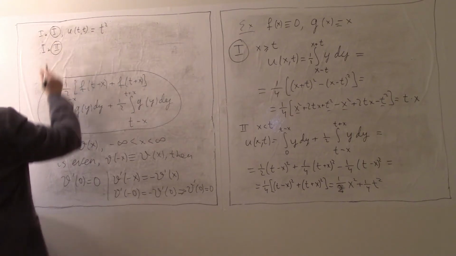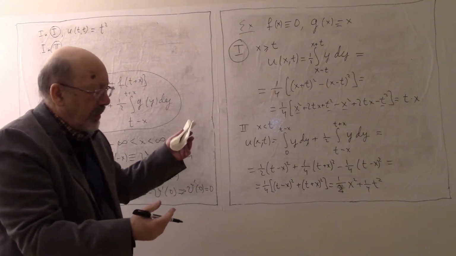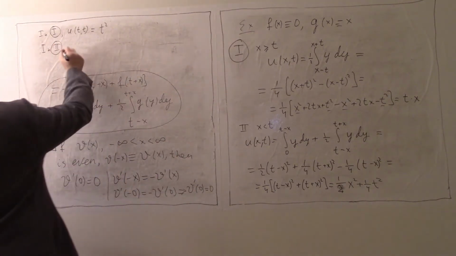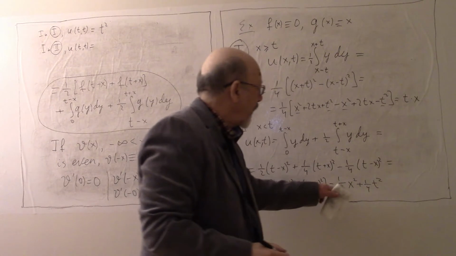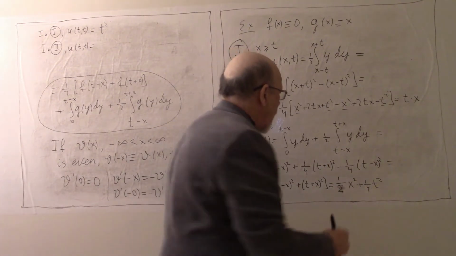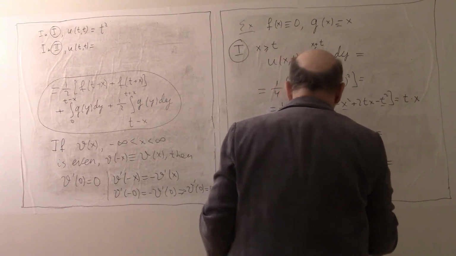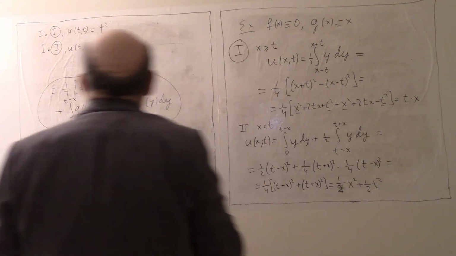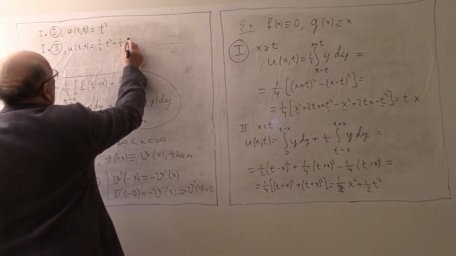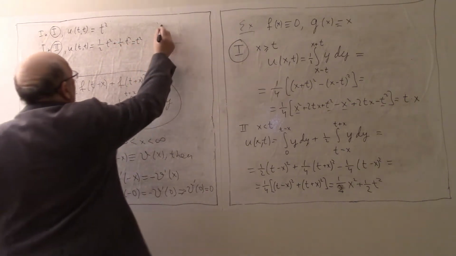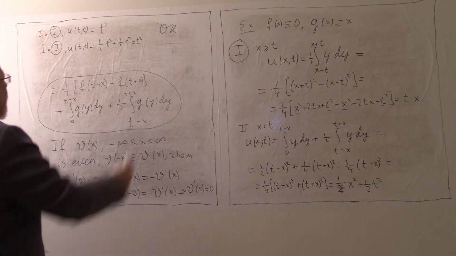In domain 2, if you approach the diagonal from below and from above, u of t,t equals 1/2 t squared plus 1/2 t squared equals t squared. So it's okay. Now, how does the graph of the function look?